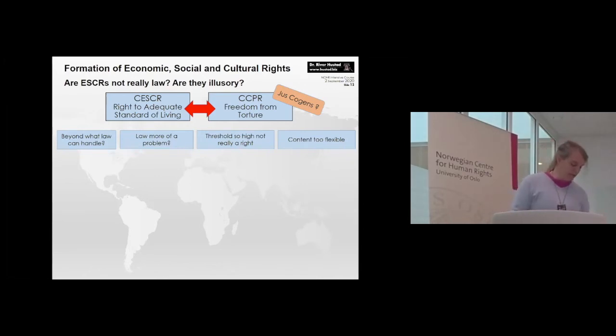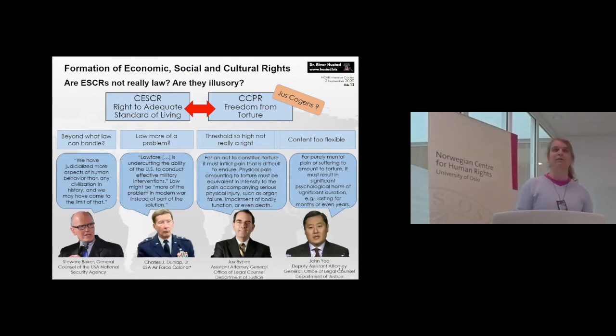And I won't get into looking at the details of all of these, but during the so-called war on terror, the United States actually made the same claims about torture as are made against the right to adequate standard of living, for example, or all economic, social, and cultural rights.